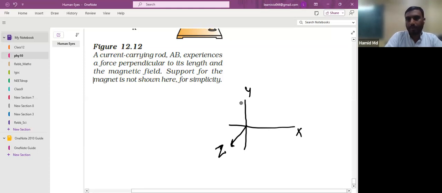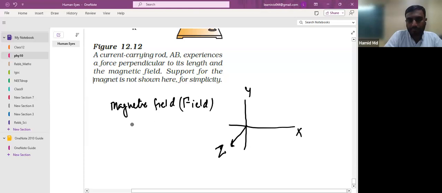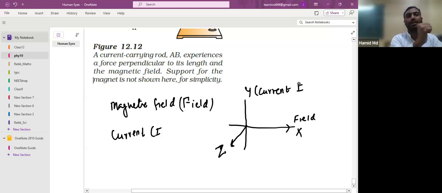These all are perpendicular: magnetic field, and current, that is I. If the magnetic field is in this direction, and the current I is in this direction, then the force will be toward the thumb.